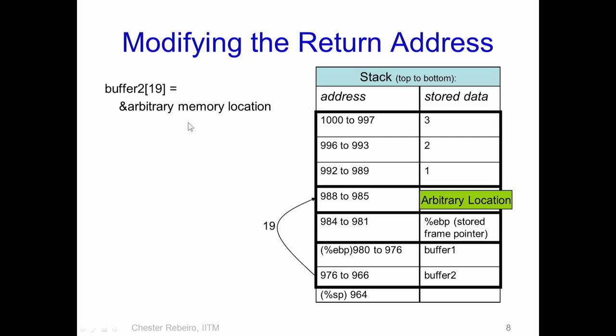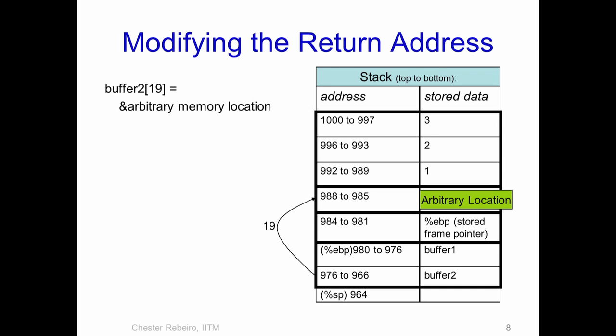So, what the attacker is doing, he is forcing this buffer 2 to overflow, and he is overflowing it in such a way that the return address which was stored onto the stack is replaced with his own chosen location. After the function completes executing, it would look into this location, and instead of getting the valid return address, it would get this arbitrary location, and then it would go to this arbitrary location and start to execute code.